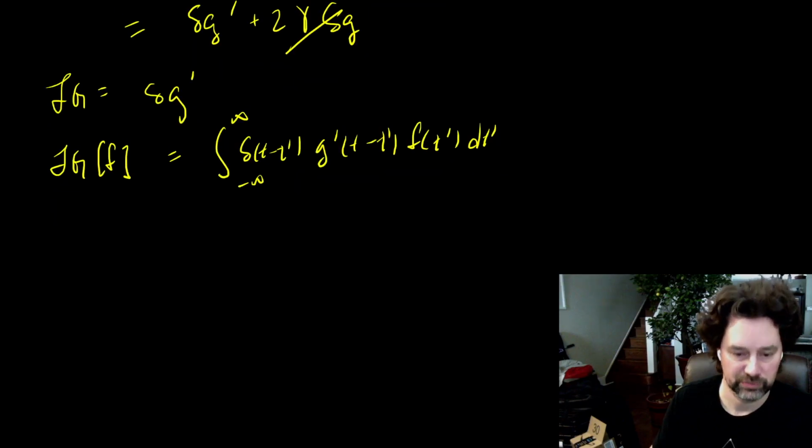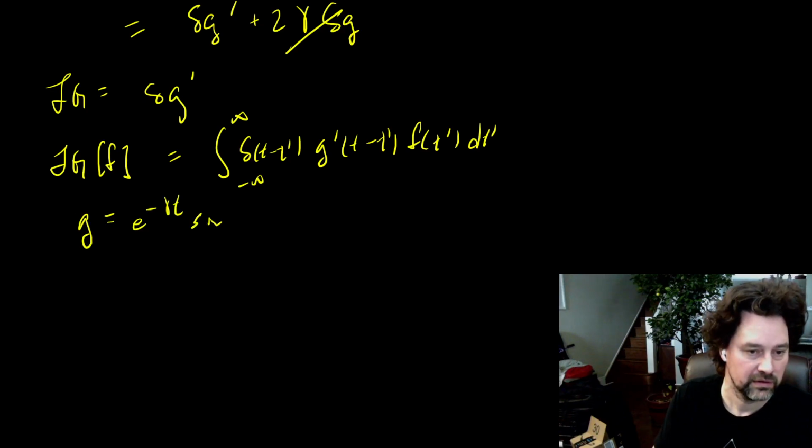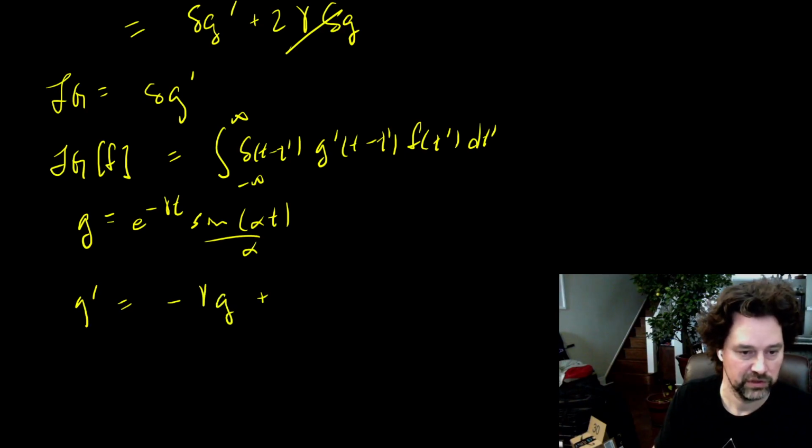So what is g prime? Just to remind ourselves, g equals e to the minus gamma t sine alpha t. So g prime is minus gamma g plus e to the minus gamma t cos alpha t.